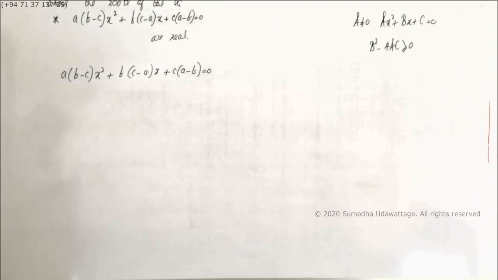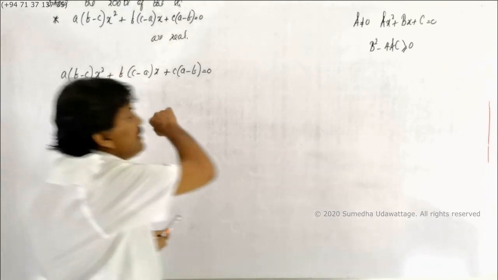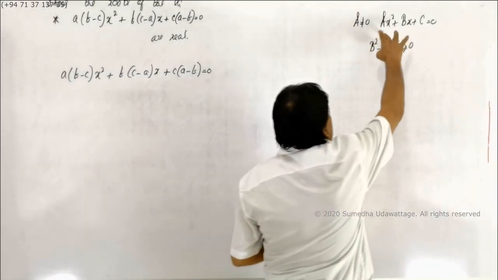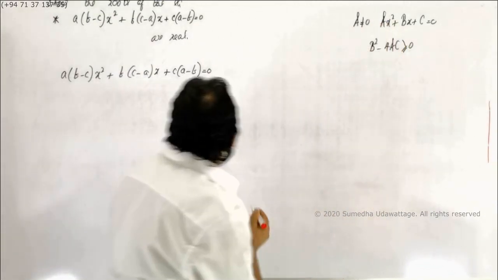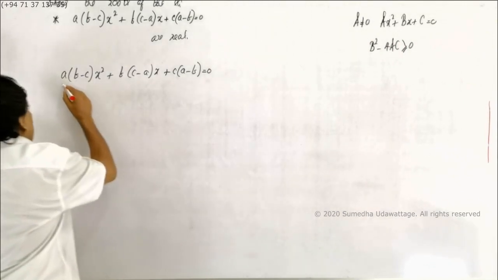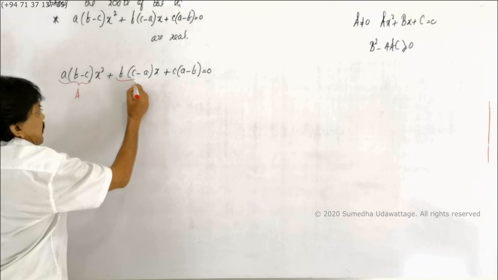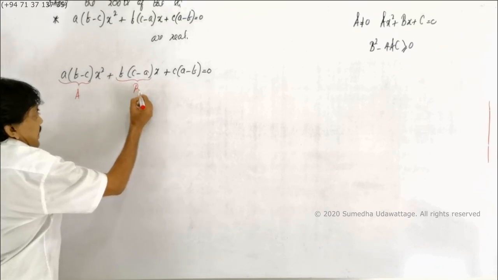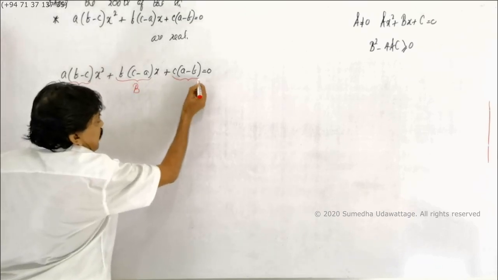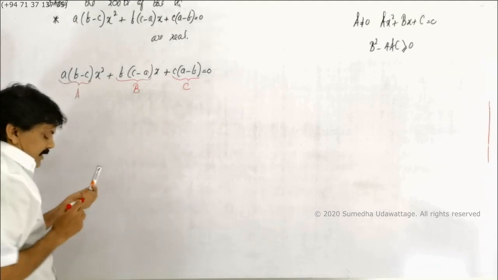Now we compare this equation with the theory. This certain part of the expression acts as A, this part acts as B, and this part acts as C.